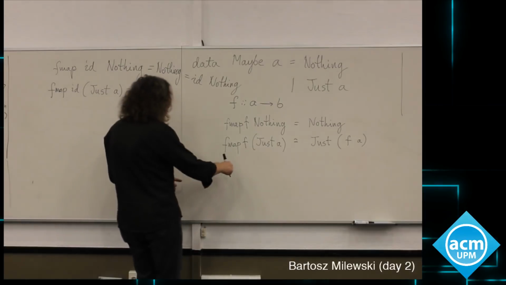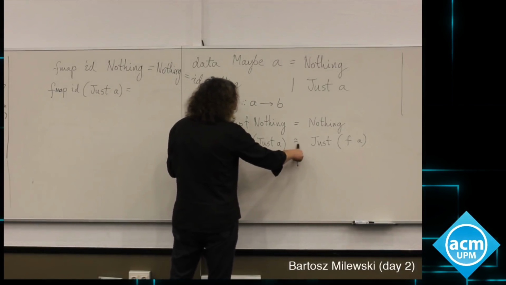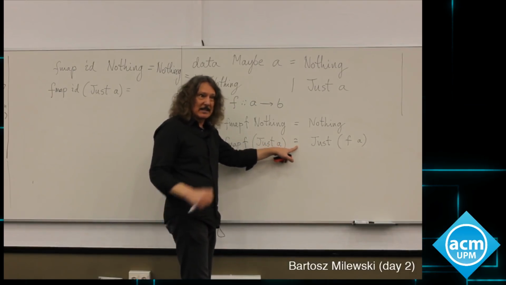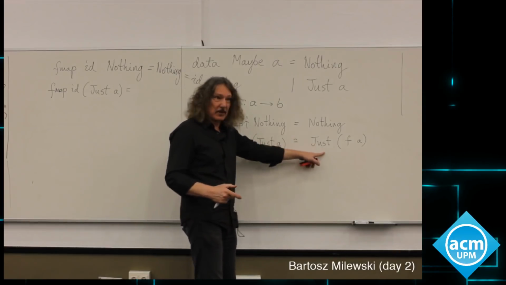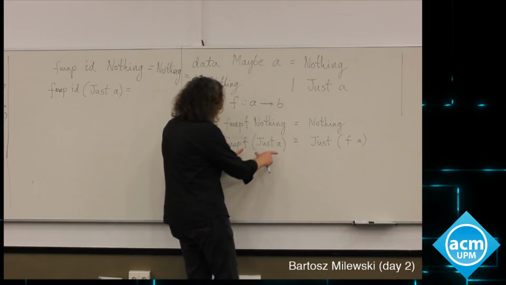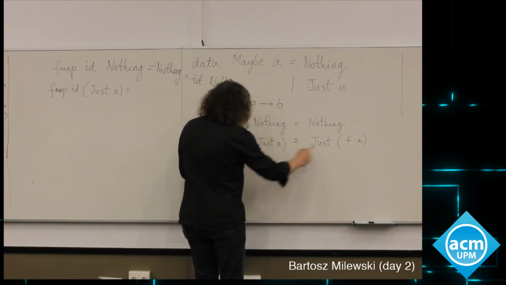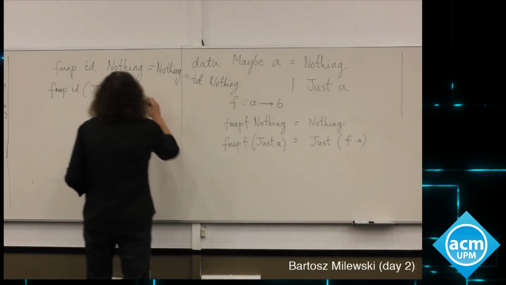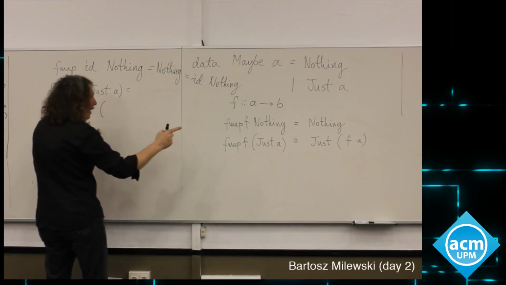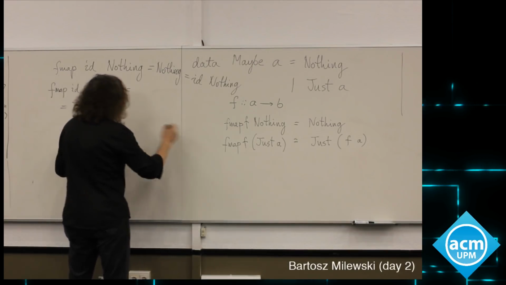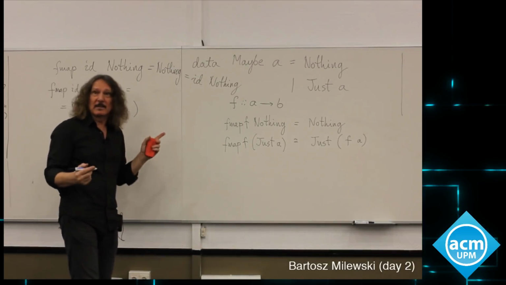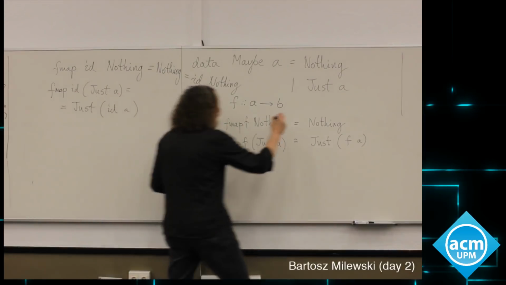Equational reasoning: fmap f of Just a is equal to, and in Haskell this equality means you can substitute this for this or this for this, because you can substitute equals for equals. So I can substitute this, replacing f with ID. So this is equal to Just of ID a. Now I have to look at the definition of ID. What's the definition of ID?